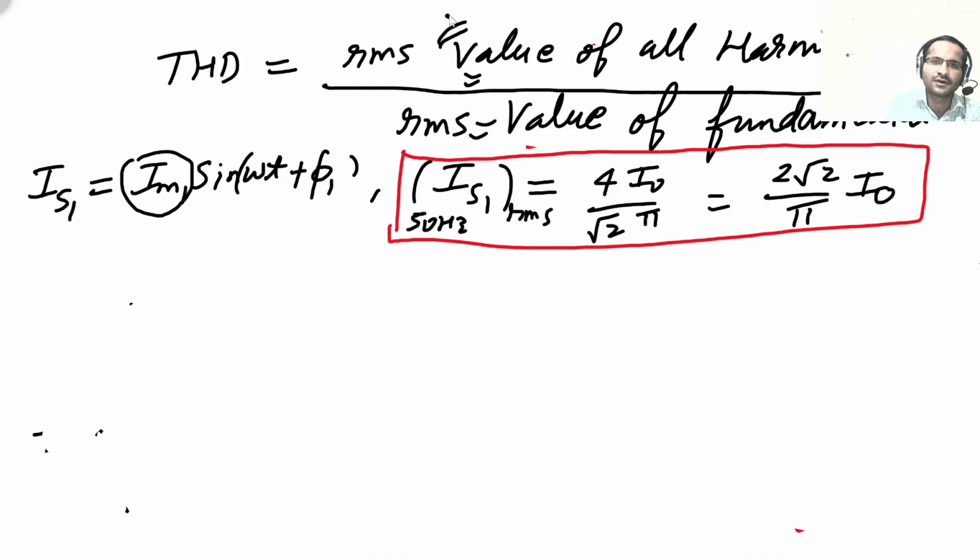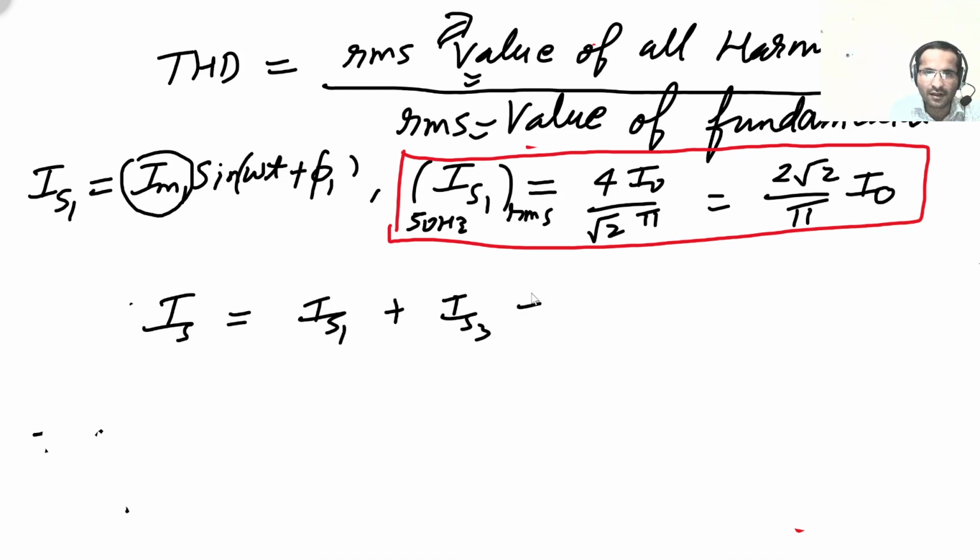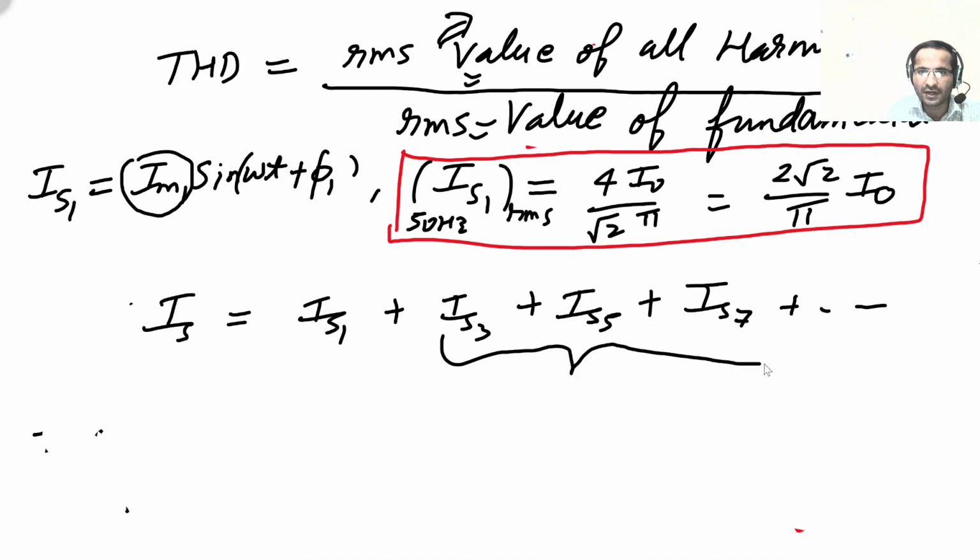Now we need to calculate the RMS value of all the harmonics, the sum of IS1, IS3, IS5, IS7 and so on. Calculating the total RMS value of all these unwanted components is difficult because we will not be calculating up to infinity. So there is one way to calculate this RMS value.